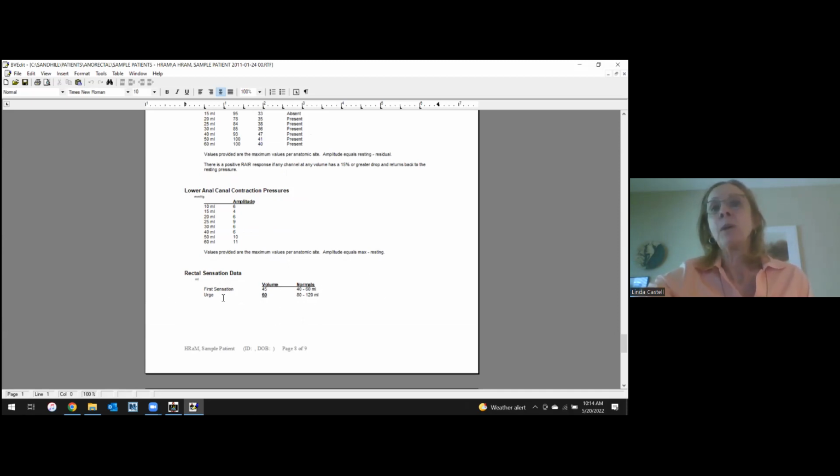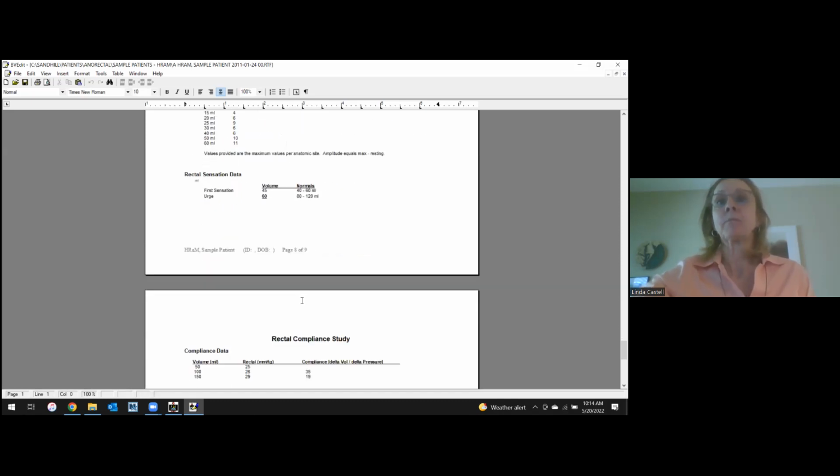They call each one of these a modality. So 2 of these modalities need to be normal for the patient to have normal rectal sensation. And we do have normals for this. These are based on Satish Rao's data.